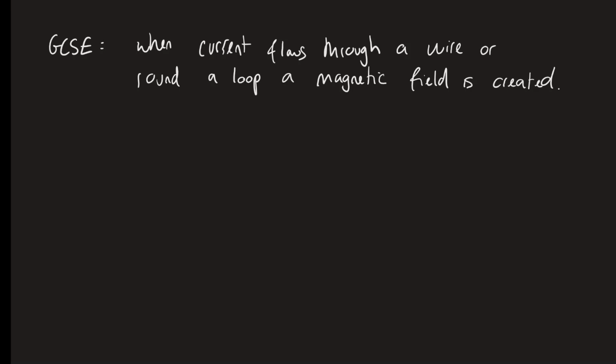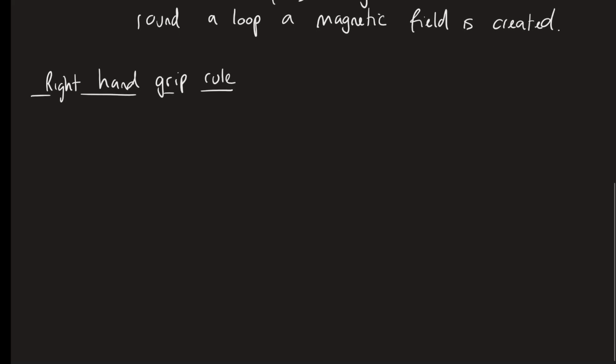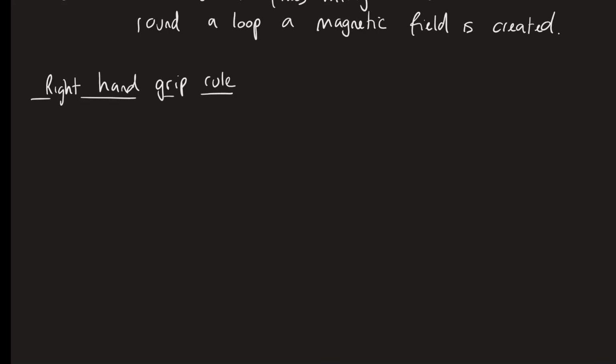Okay. Something else that we need to look into is the right-hand grip rule. The right-hand grip rule relates the directions of the current in a wire or a loop and the direction of the resulting magnetic field. Here we're going to stick with loops.